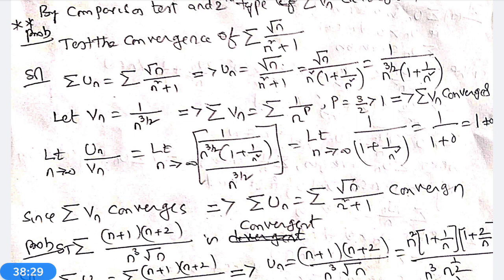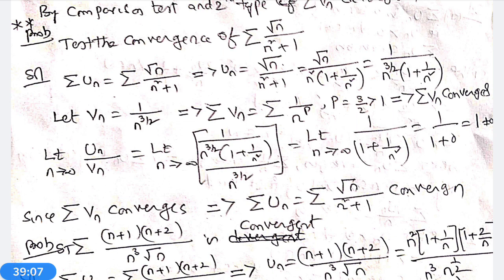Taking n square common from the denominator, u(n) is equal to root n by n square into 1 plus 1 by n square, is equal to 1 by n power 3 by 2 into 1 plus 1 by n square. Let v(n) is equal to 1 by n power 3 by 2. Sigma v(n) is equal to sigma 1 by n power p, p is equal to 3 by 2 greater than 1, implies sigma v(n) convergent.